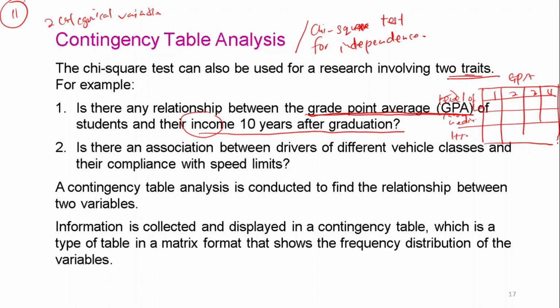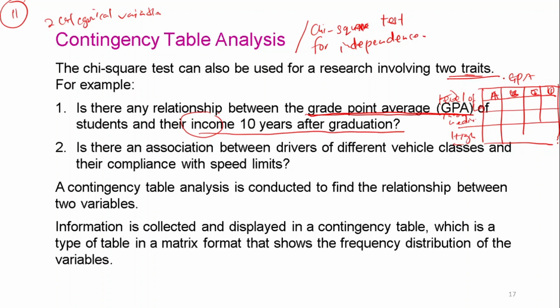or high. Okay, so this one you can see we have two categorical variables, which is grade and also level of income. Grade point average we will see A, B, C, D. Okay, so this one we have two traits.